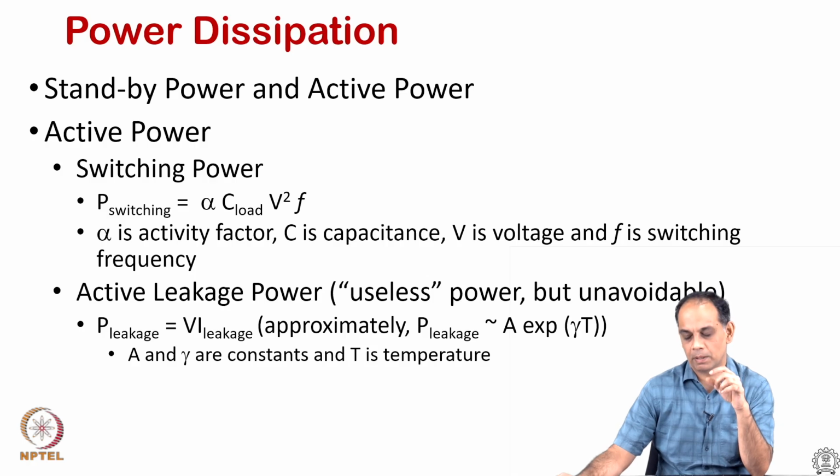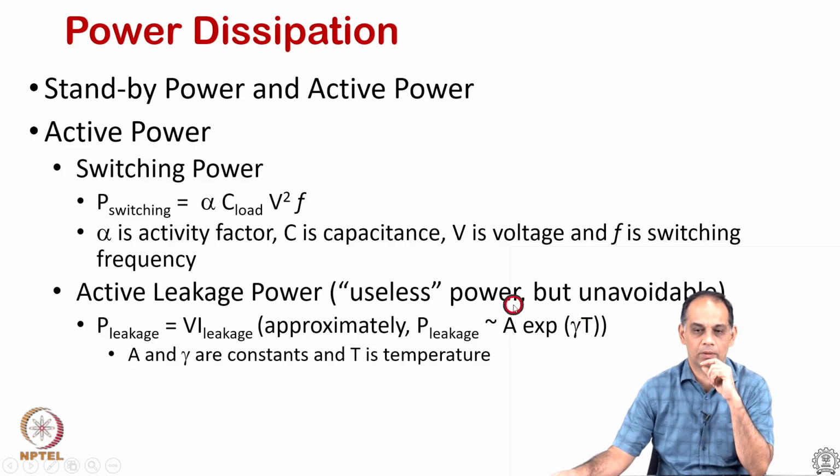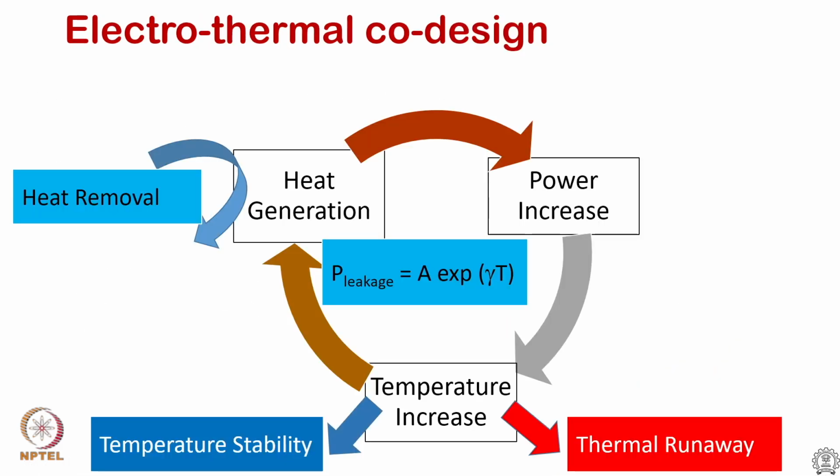So, this leakage power has a strong temperature dependence, and as you can see, it is approximately given as some function where A is a constant, exponential of gamma, also a constant, and T is the absolute temperature. So, the leakage power has this expression, and why we need to pay attention to this is that it has a certain potential as you generate heat or the temperature rises.